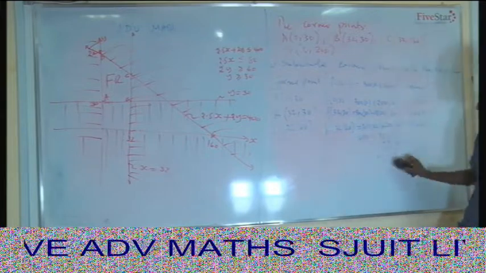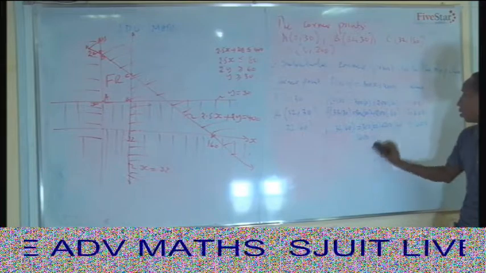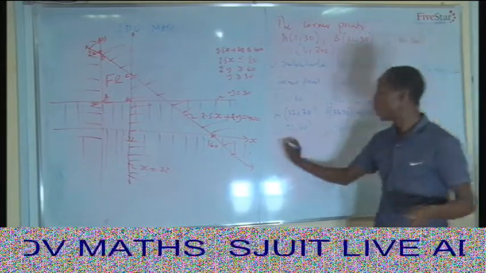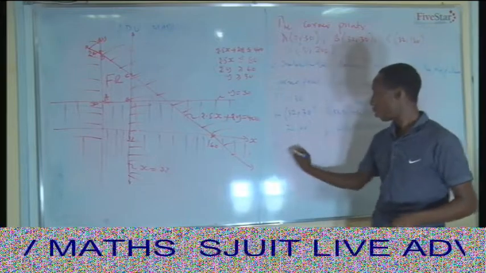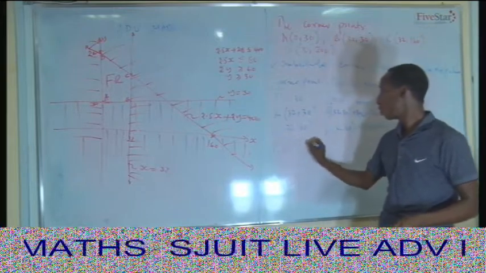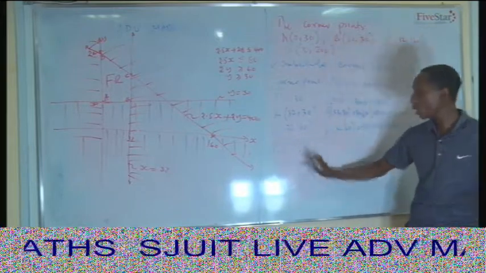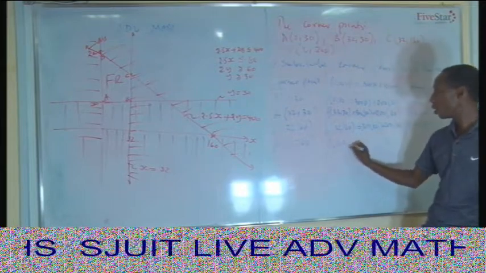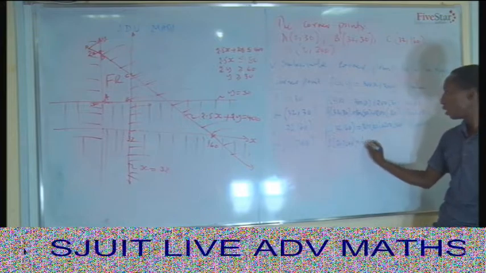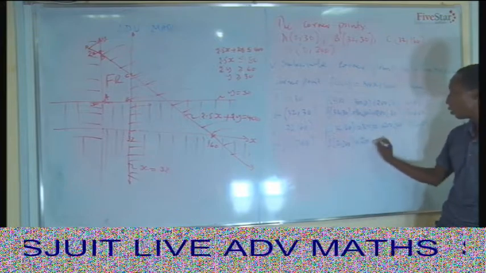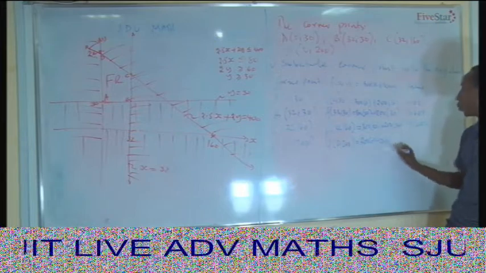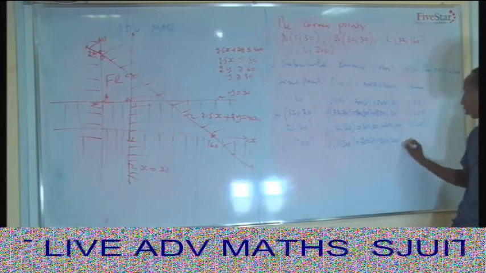And lastly, we have the corner point D, which is (0, 200), which means x is 0 and y is 200. So this will be f(0, 200) equals 300 times x, which is 0, plus 200 times y, which is 200.